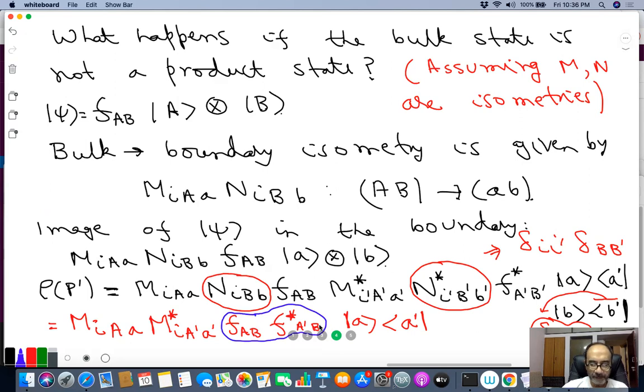Because B is summed over. So this is the basis in the bulk on the logical qubits. If you trace out B, you will get a density matrix which is precisely F A B, F star A prime B, and then A prime. So this one I can interpret as rho bulk A A prime. Is this point clear? That's just the density matrix of this after you trace out B.